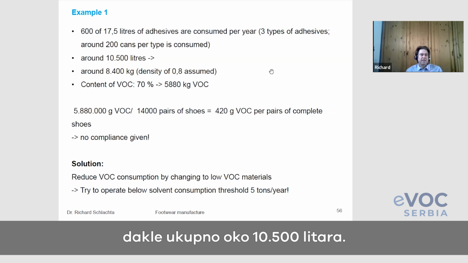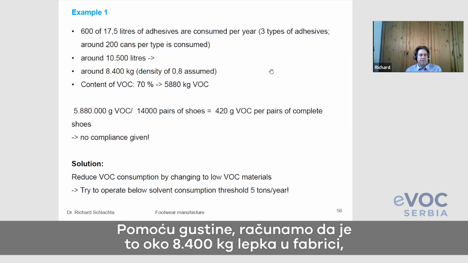So finally, we have about 10,500 liters. And we calculate this now by the density, and we get about 8,000 kilograms of that adhesive that is used in the shoe fabric.